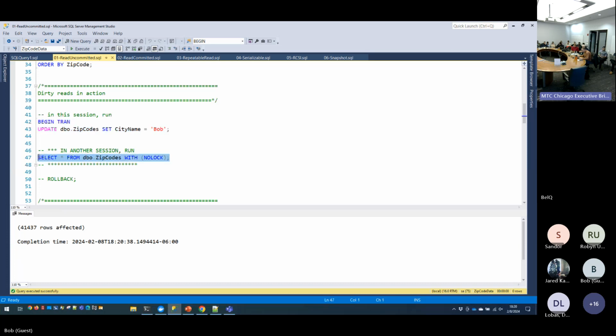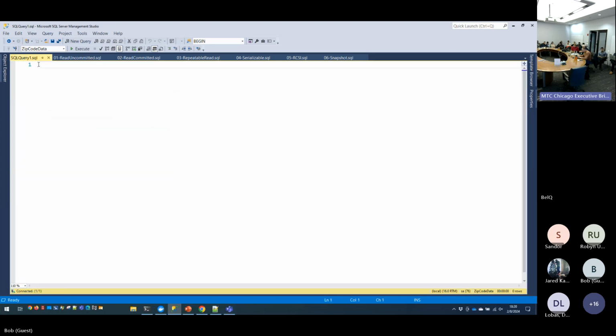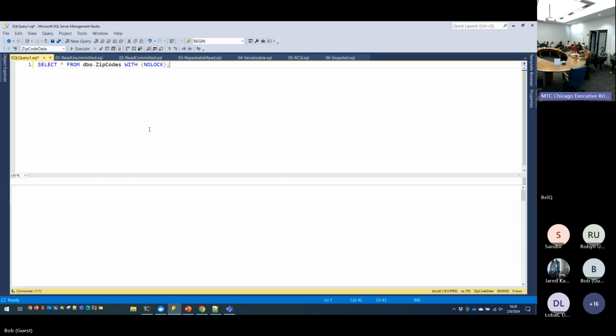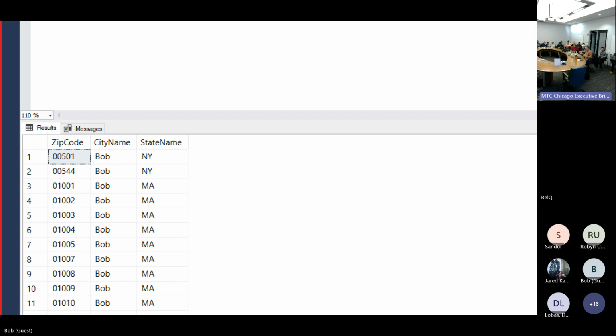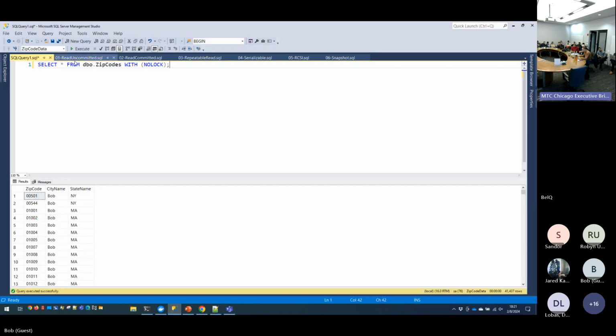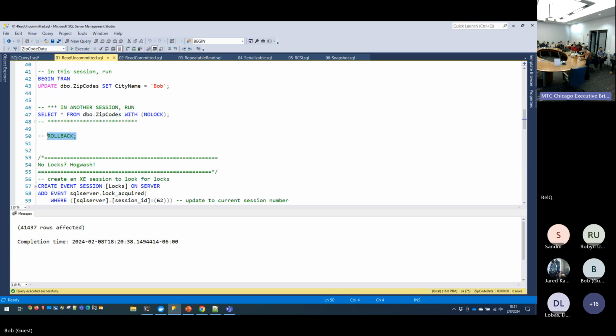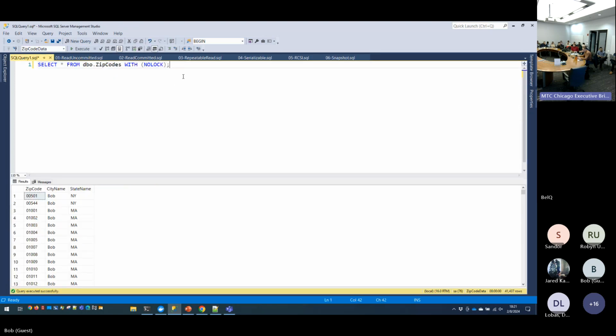If I go to another session and run select star from zip codes with no lock, it's going to return all these cities are now named Bob, even though this transaction in the other process never committed. It's doing the dirty read. It's literally reading something that is in flight from another process. And then I could roll back and undo that. If I came back here and ran it again, now I get the real answers again because that transaction never committed.